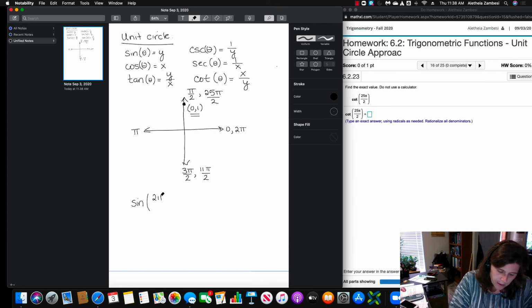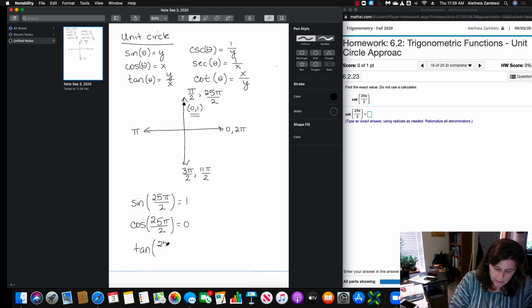So if I wanted sine of 25 pi over 2, then it's equal to the y value here, so I have 1. The cosine of 25 pi over 2 is the x coordinate, which is 0.